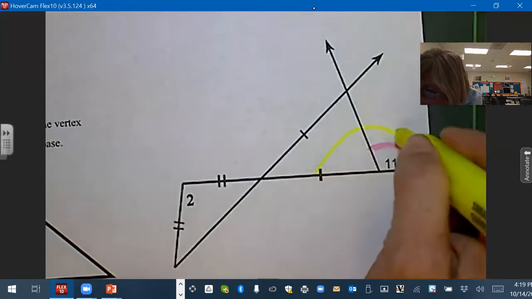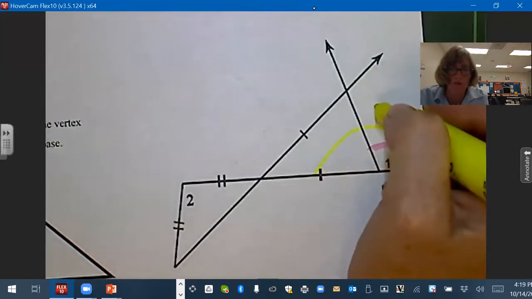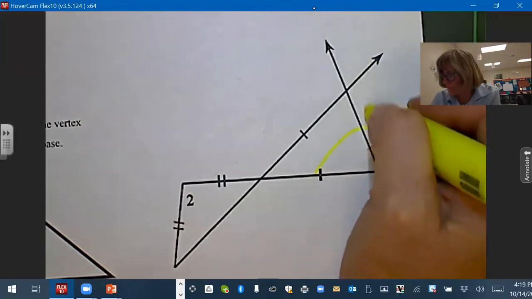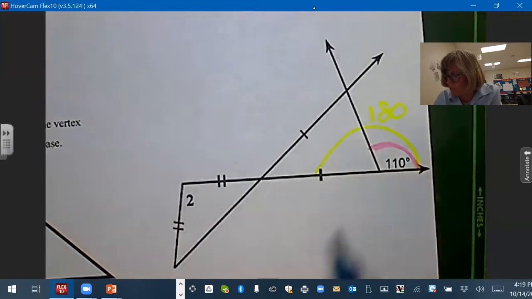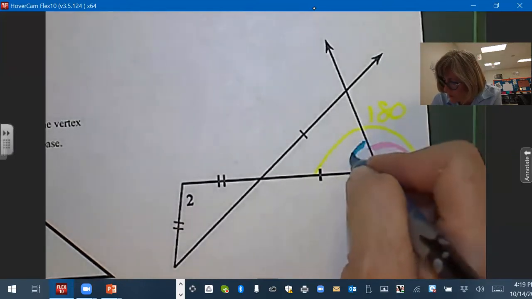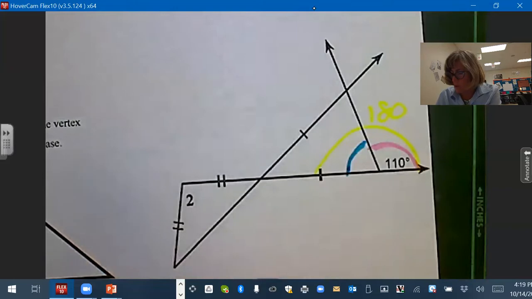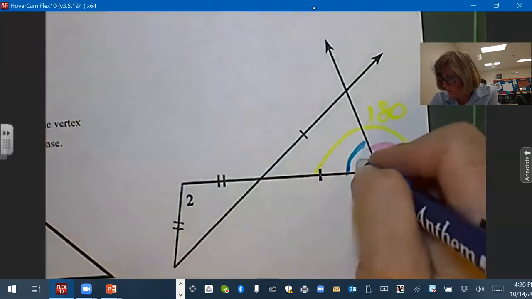This is 180, of course. 110 away from 180 is going to get me this angle right here. And of course, that angle is going to be 70.